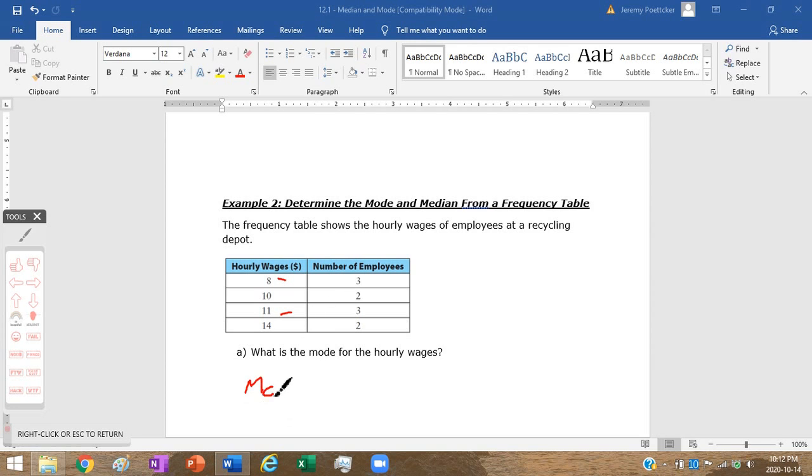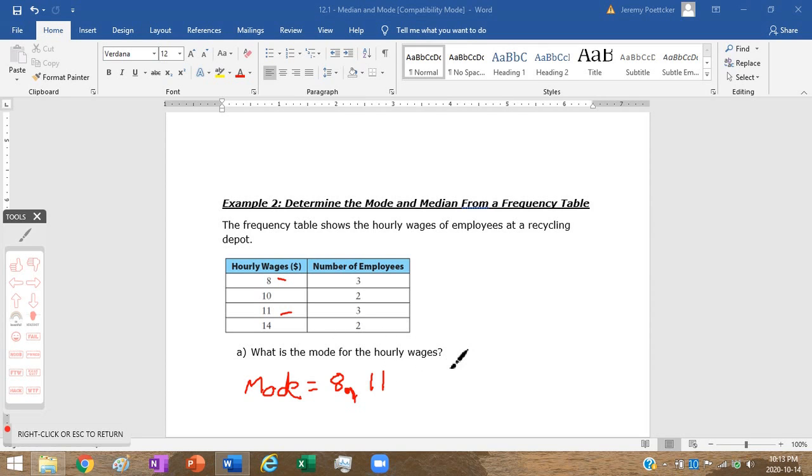So mode, there's 2 of them, equals 8 and 11. Not 8 plus 11. Do not write 8 plus 11. That is wrong. Then you're saying it's 19. 8, comma 11. That's okay.